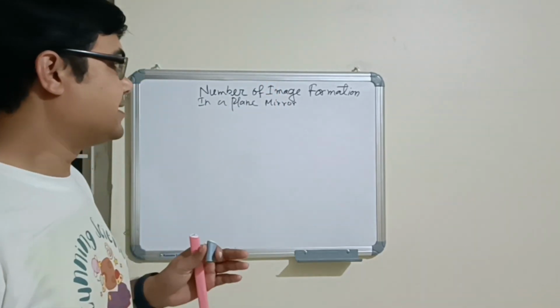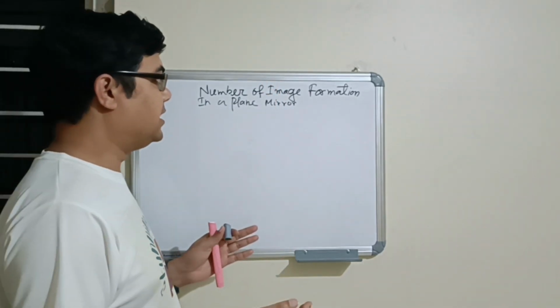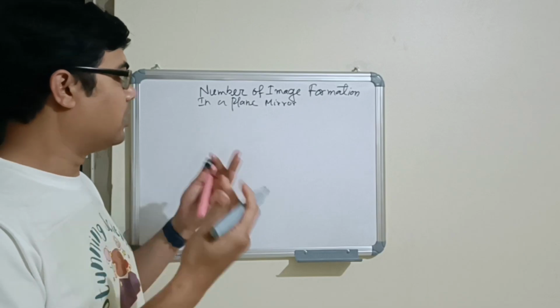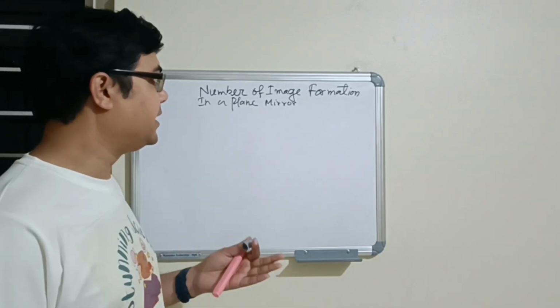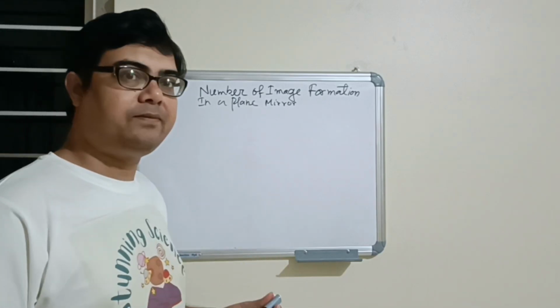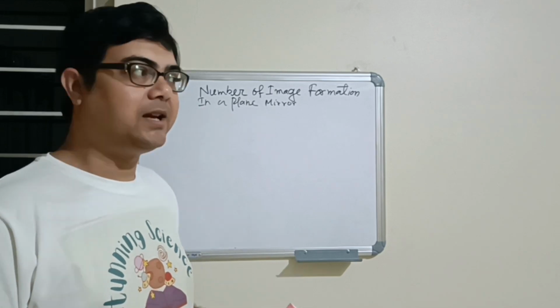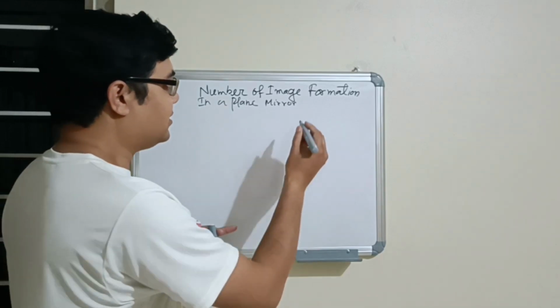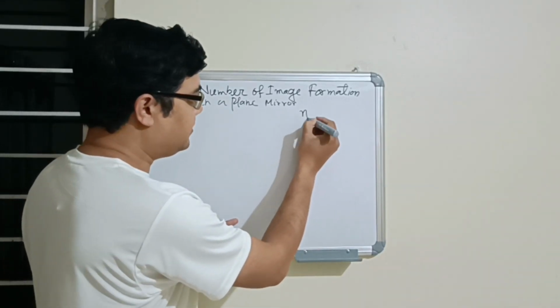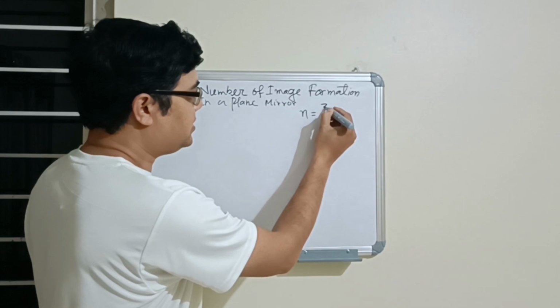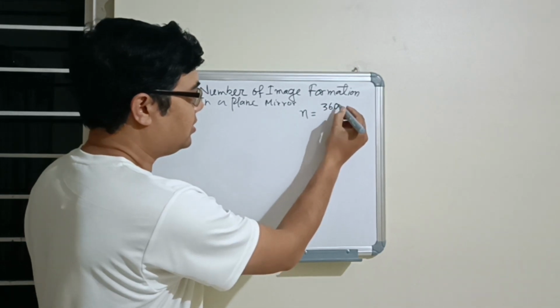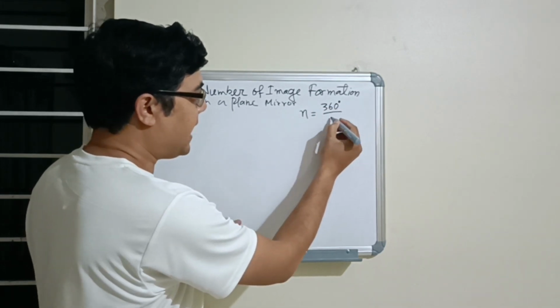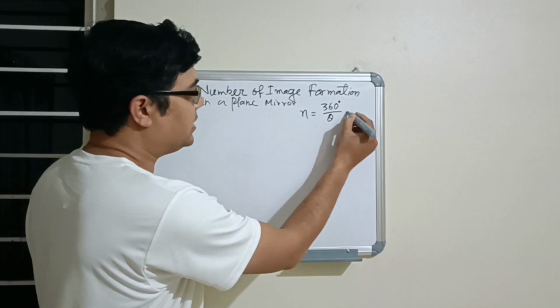Here we'll be discussing two mirrors, and we'll be bringing an object in between two plane mirrors. Then we'll observe the number of images, right? So there is one interesting formula. The number of images n is equal to 360 degree divided by angle theta, minus 1.